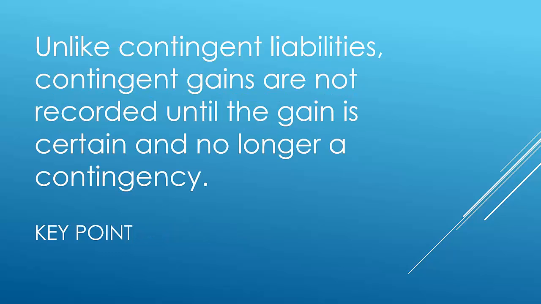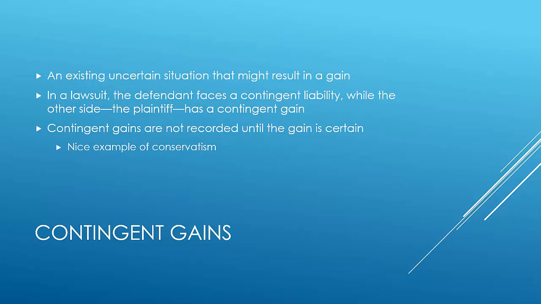Maybe we think we're going to win the lawsuit, but because we're conservative accountants, we do not record or footnote the gain until it's certain. So we might record the fact that we're going to have a loss, but we don't record the fact that we might have a gain.